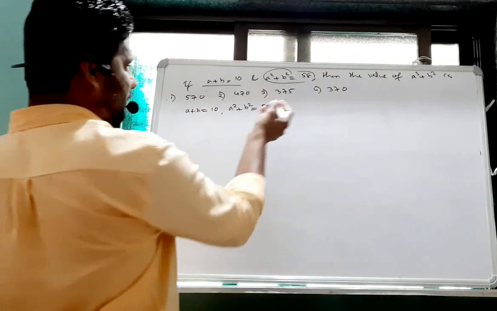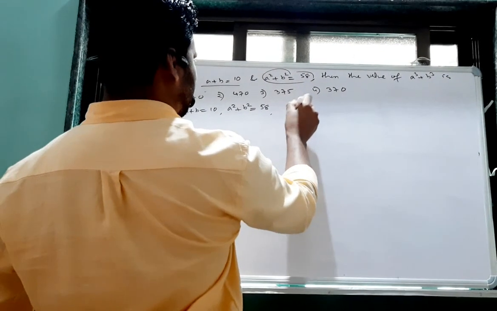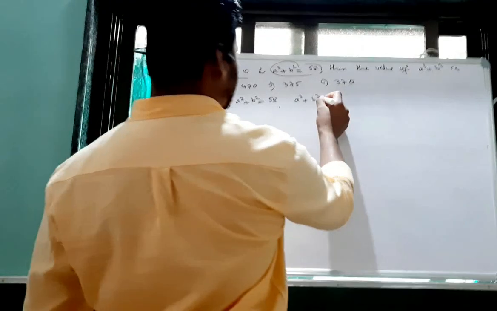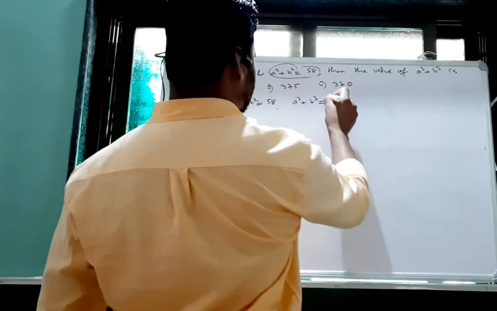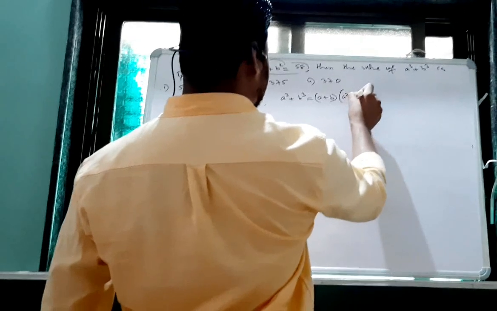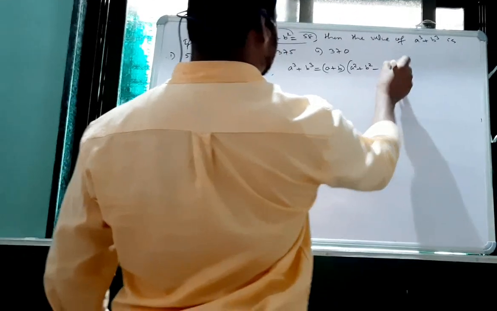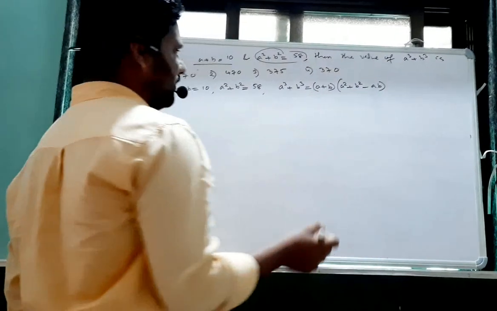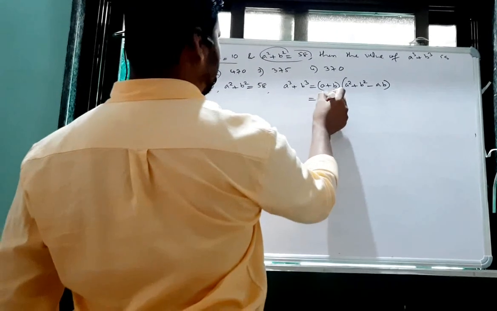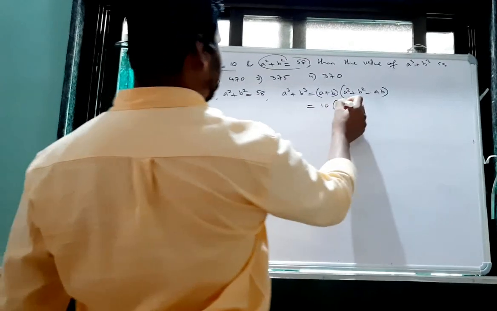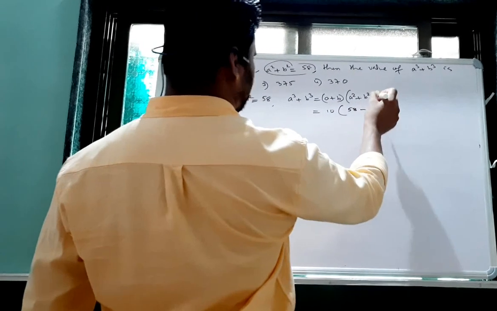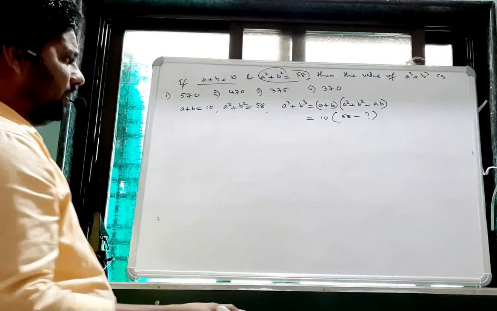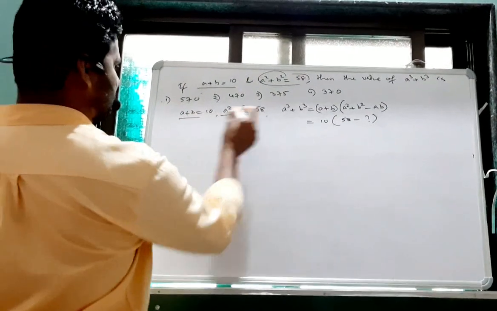In the given list of formulas, the a cube plus b cube formula is there. a cube plus b cube is equal to a plus b into a square plus b square minus ab. Here a plus b is 10, a square plus b square is 58, minus ab we still have to find. So first we have to find ab from these two given.